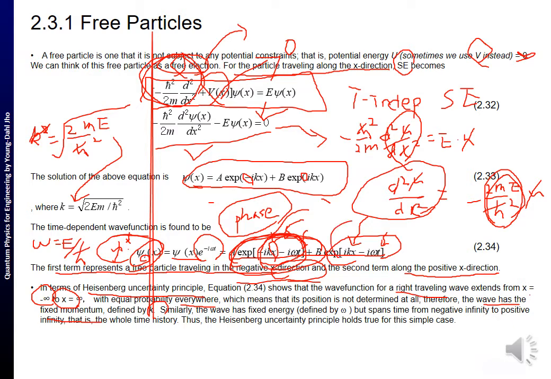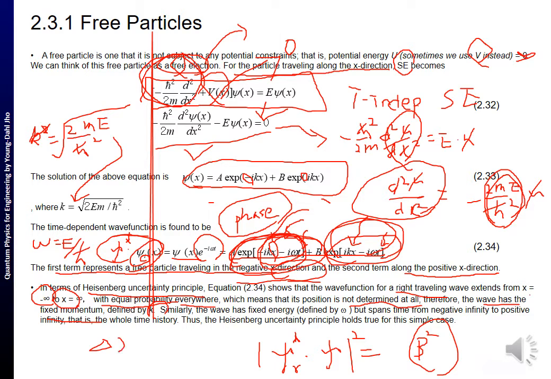Especially when you consider the right traveling wave, you take psi conjugate and psi, take the absolute value squared, and what we have is b squared. It is just the same wherever the electron is located. So it is called equal probability everywhere, which means the position is not determined at all.